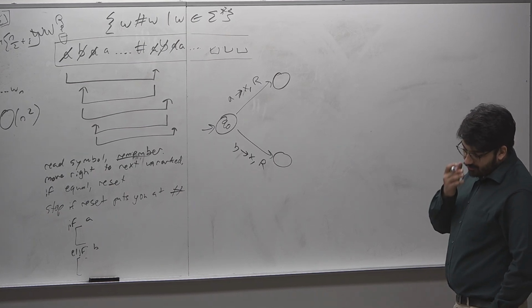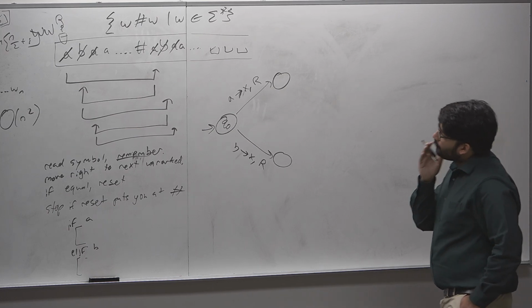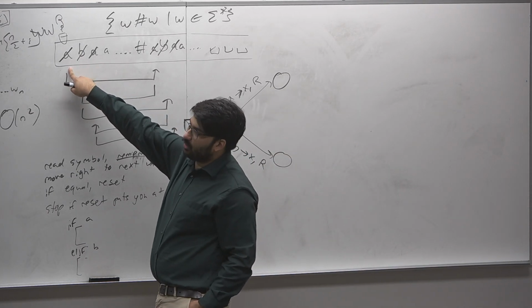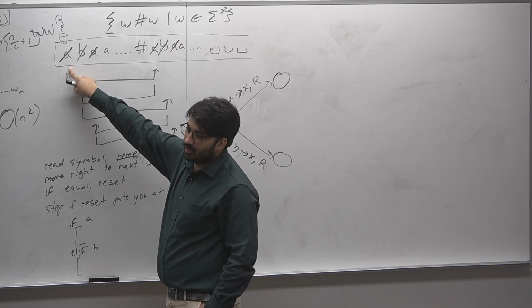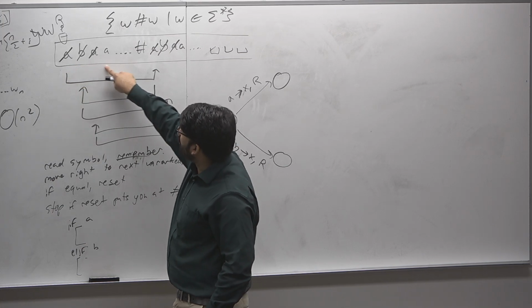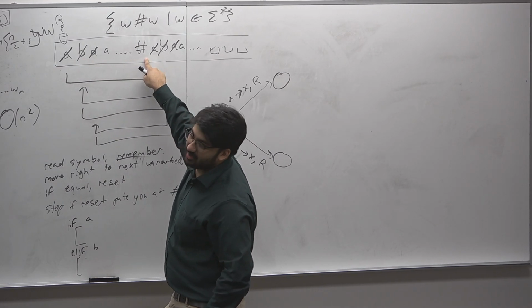What are we gonna do after we read an A and write an X? So we've just marked this A. What do we wanna do? Check to see if it's an A on the other side. Yeah, so what we need to do is chug our way over here and find this A. So we need to skip past a bunch of stuff.